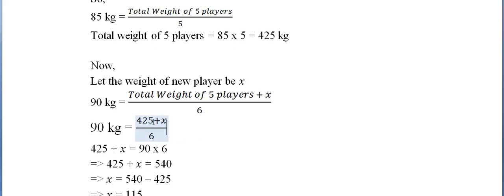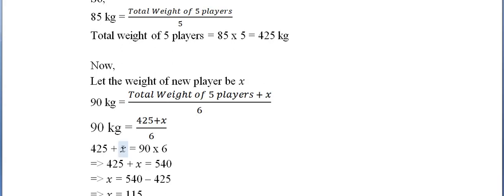Now you will do the cross multiplication. Below this 90 there is a denominator of 1. So 1 into 425 plus x will be 425 plus x only, because anything you multiply with 1 is the number itself. So 425 plus x towards the left hand side.